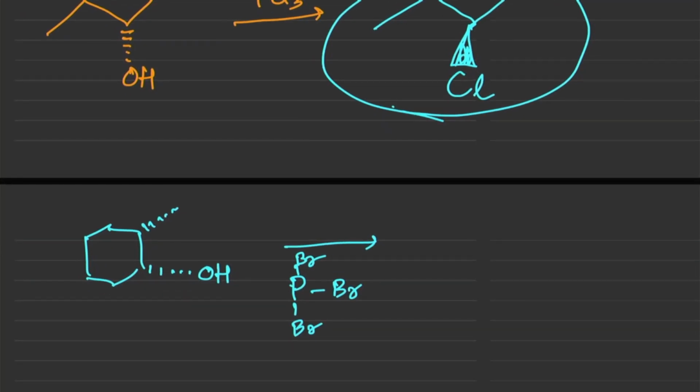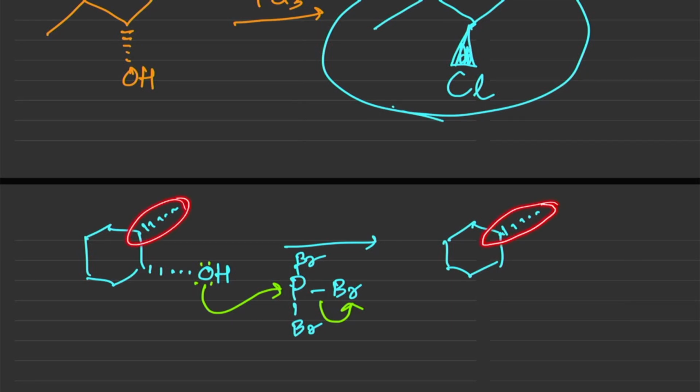Okay, so let's draw the mechanism. Here it attacks, bromine goes out. Nothing changes with this methyl group right here. It was pointing down before, it is still pointing down. However, the next step will be changed. Our oxygen is still pointing down because it is still there, but now we've got OPBr2.